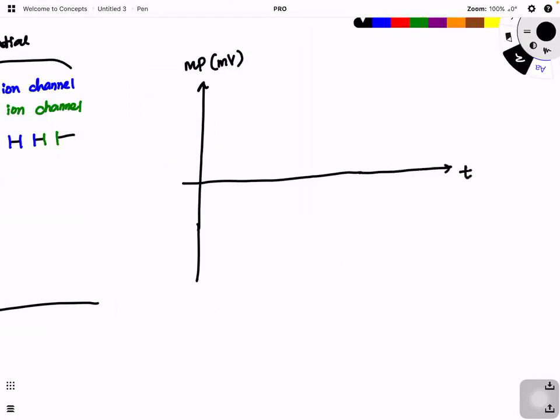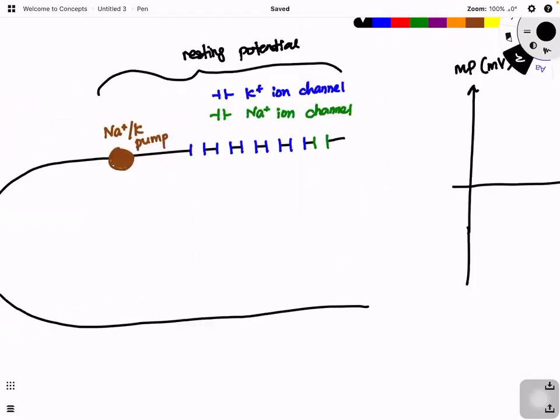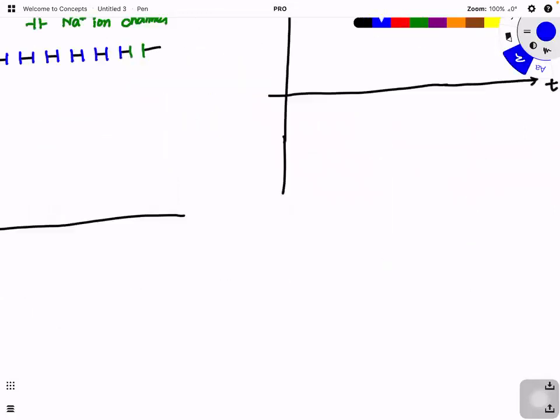Because of these two mechanisms, the sodium potassium pump and the membrane being more permeable to the potassium ions compared to the sodium ions, we maintain the membrane potential at negative 65 millivolts. Can you see that? No stimulus.